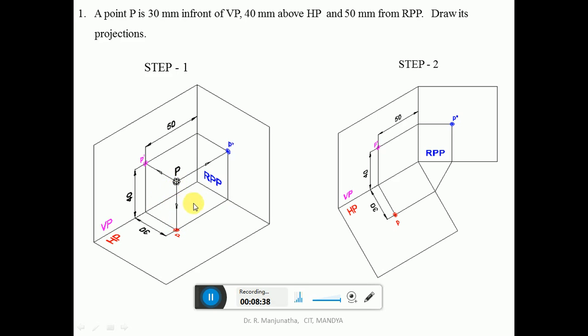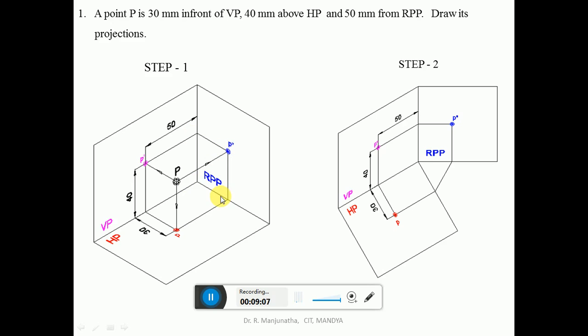That distance, when projected onto the right profile plane, we can see here. Similarly, the distance in front of VP, which is this distance, is also seen here. So when you look from the left side view, both these distances are perpendicular to the viewing direction. Therefore, that is visible in the right profile plane.